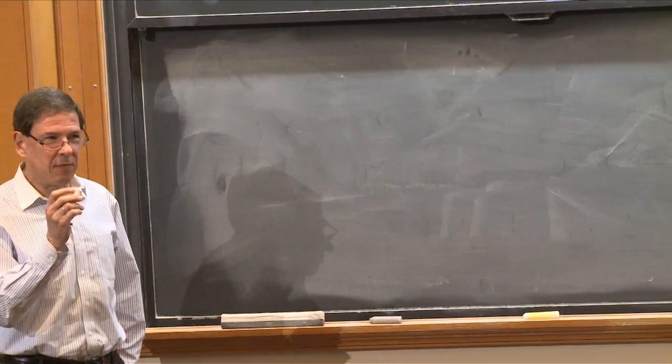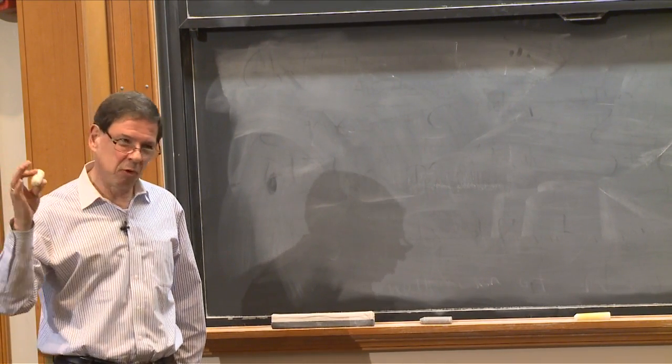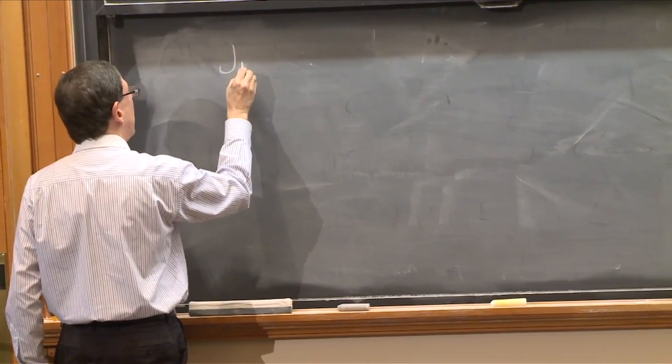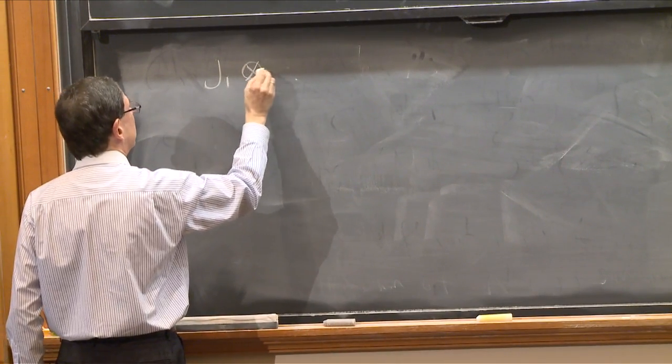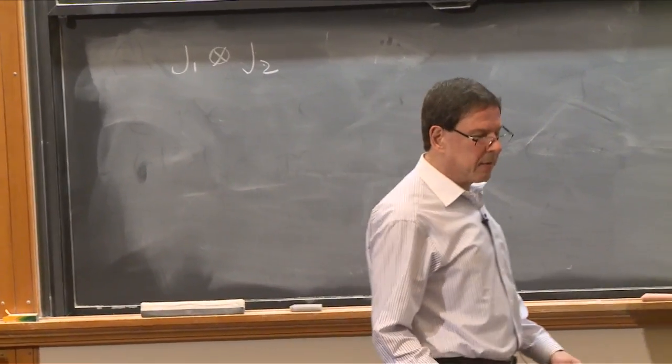One result that is very general about addition of angular momentum that you should, of course, know is that if you have a J1 tensor J2, what does this mean?